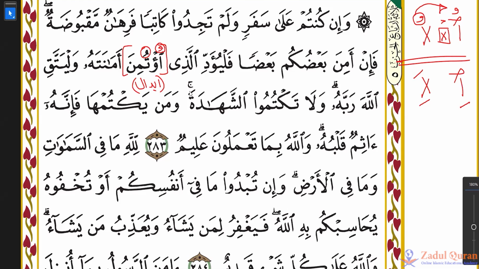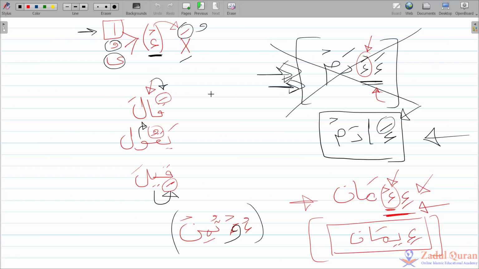Here we said it depends. Waw needs a dhamma before, ya needs a kasra before, alif needs a fatha before. So here, U, which mad letter should be added after this dhamma by logic?